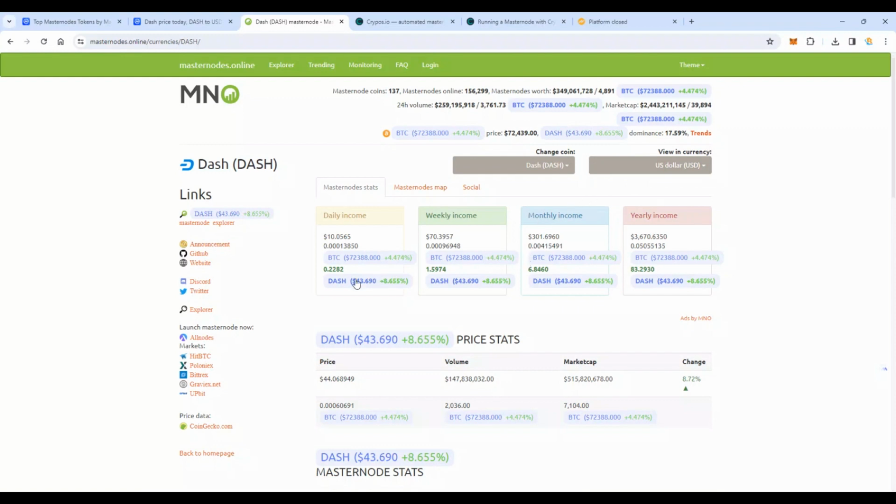But of course, then you'll have to look at any other overhead costs that might come along with running that node. For example, your computer maintenance, your electricity bill, yeah, stuff like that. The internet, of course. So you need to have some good internet. Okay.